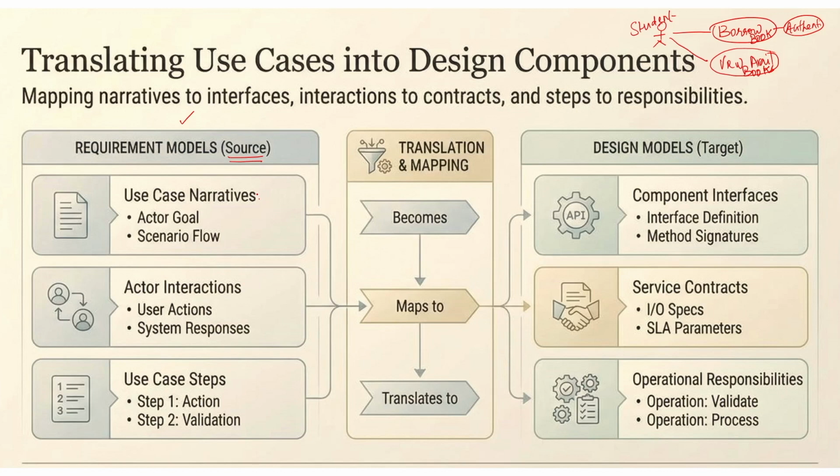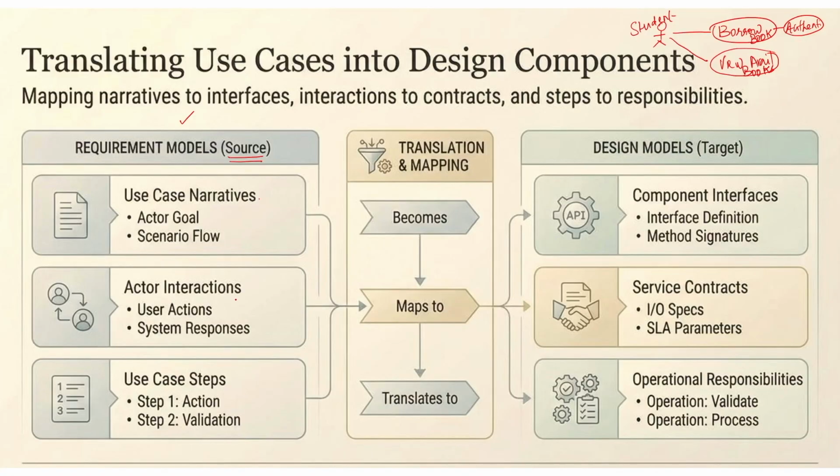Here the actor is going to be the student, and the scenario is borrowing a book. Likewise, all the set of requirements will be written as use case narratives. Second is actor interaction. Meaning, as an actor, how he is going to interact. For example, while borrowing a book, to make sure he is authenticated, we have to check for the credentials.